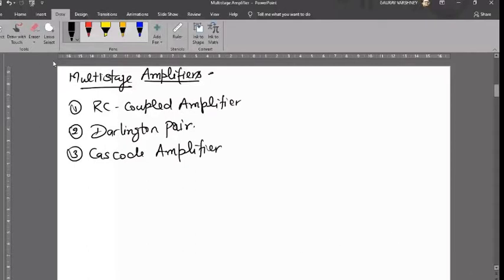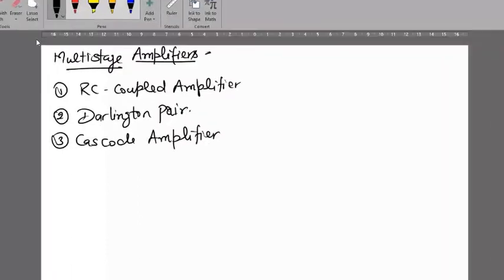Many more cascade amplifiers are also there. I would like to explain one by one.